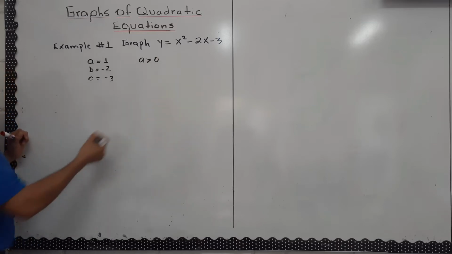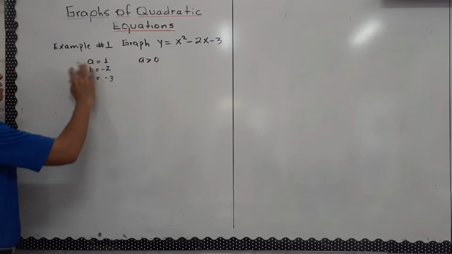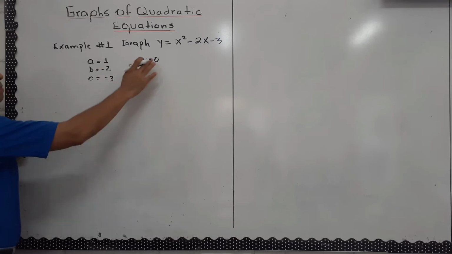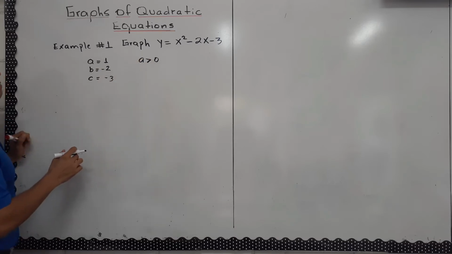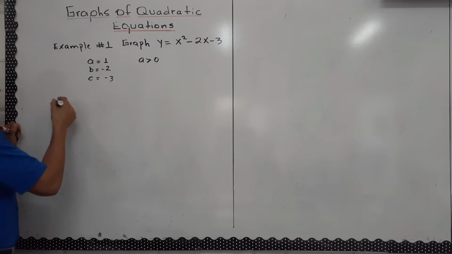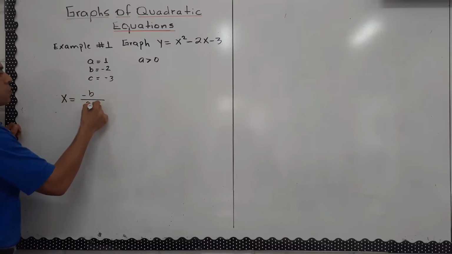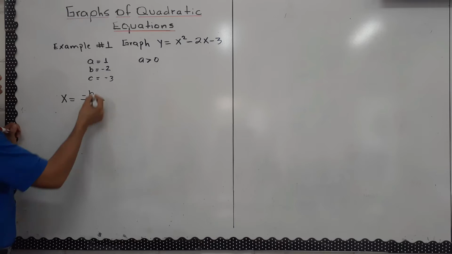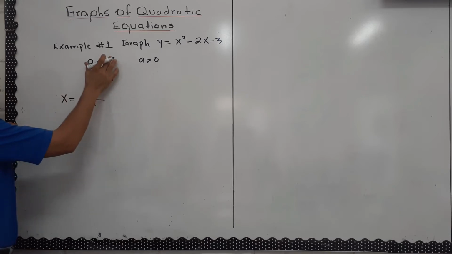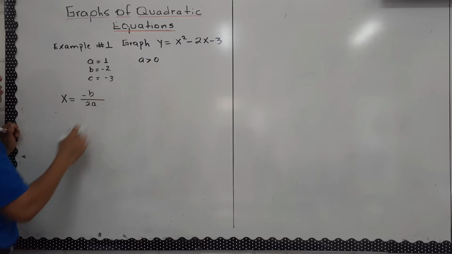After taking this information from the function, we are going to find our axis of symmetry. The axis of symmetry, as you know, is x equal to negative b divided by 2a. We are going to replace this with the information that we took from our function.